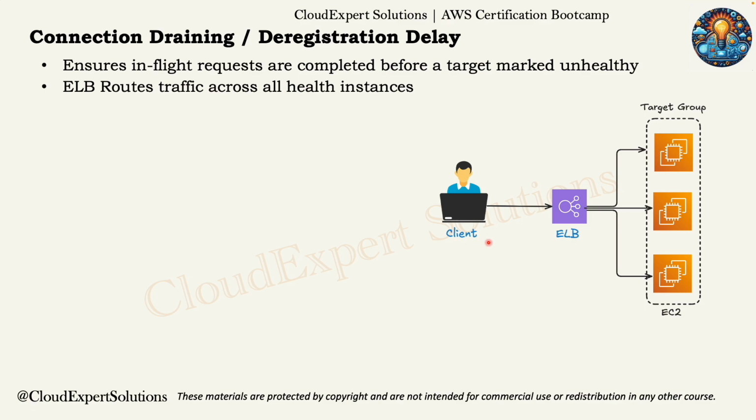That means the connection went to fetch the database and your EC2 instance is not responding. In that case, if the Elastic Load Balancer marks that EC2 instance as unhealthy, then the client request which was processing in that EC2 instance will be lost and the client will get an error. To prevent that, connection draining comes into the picture.